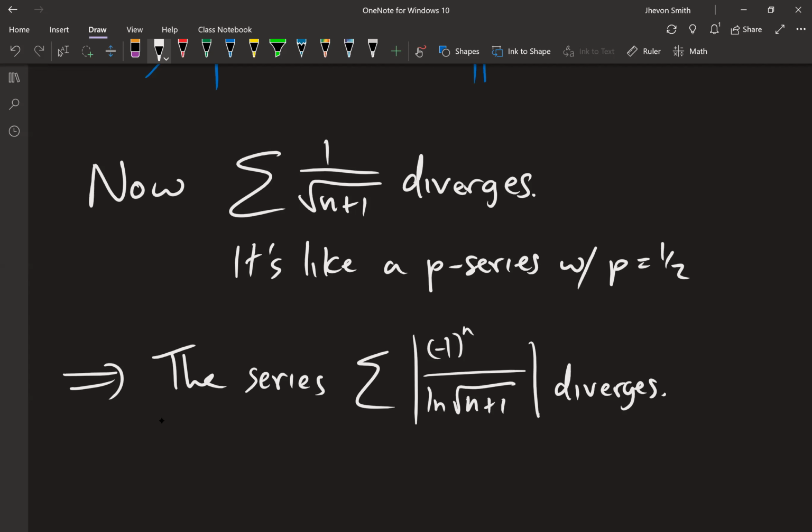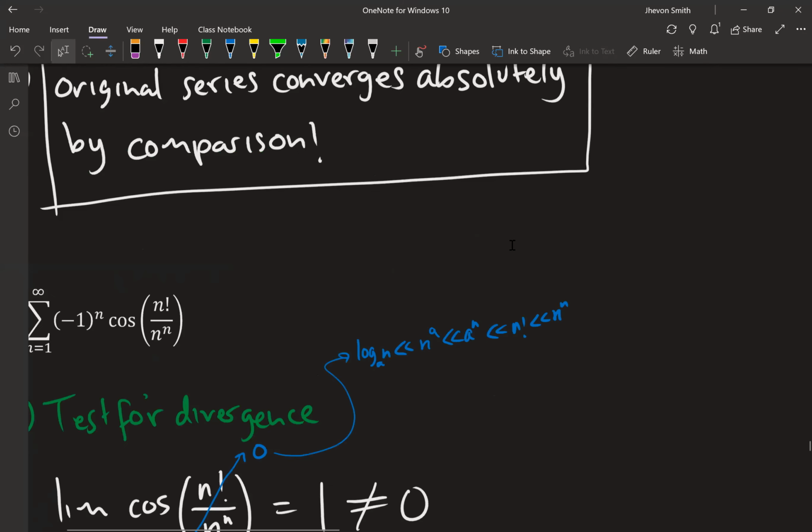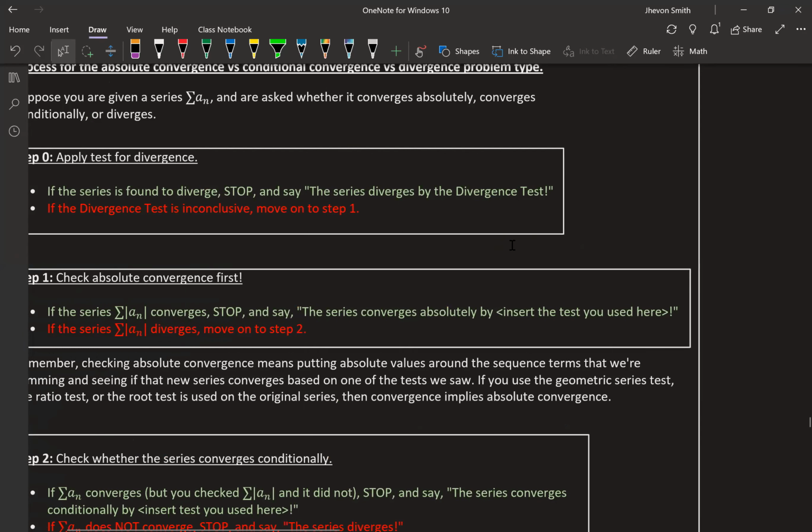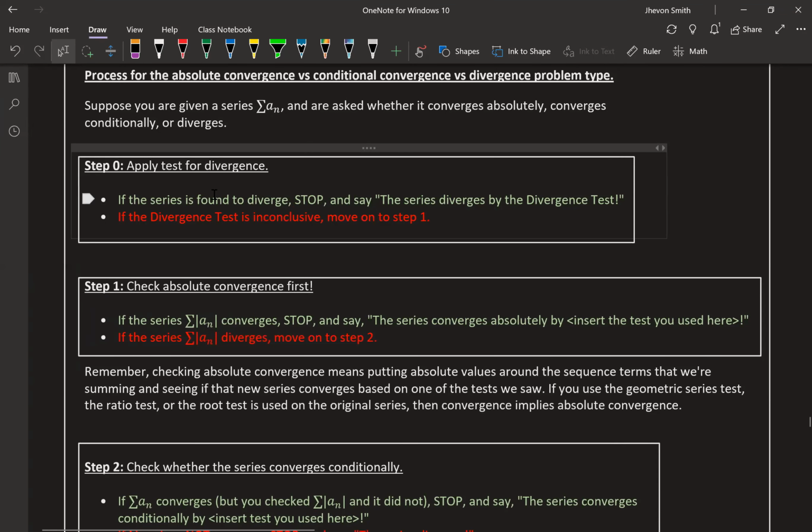Okay, so what can we say now? Right, you have to move on to step 3. So remember the process. Well, step 2, I think we call it because we started at 0. You apply the test for divergence.